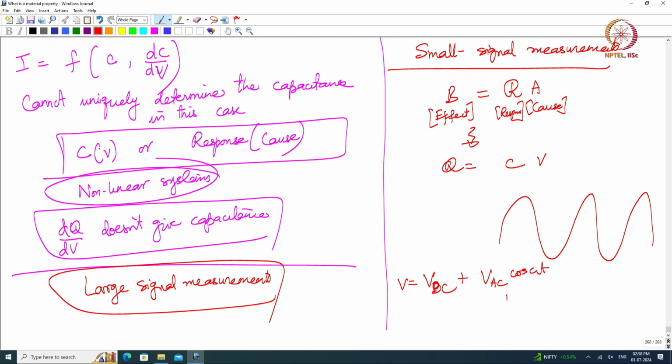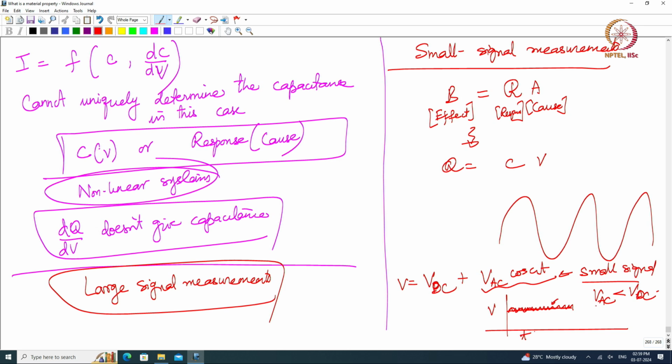In other words, I apply a constant DC voltage, and then a very small signal on top of this. This VAC cos omega t is called the small signal. It is called small because the magnitude of VAC will be less than VDC, small compared to the DC value.